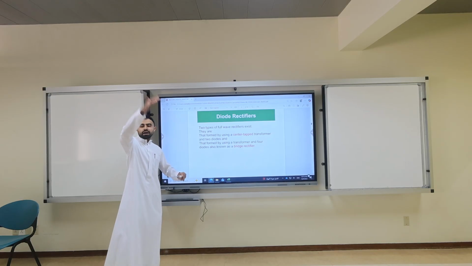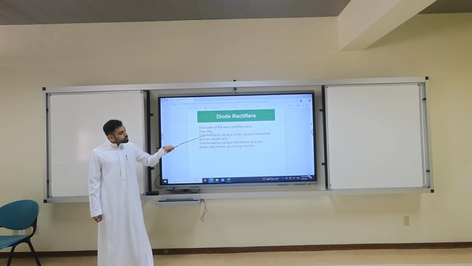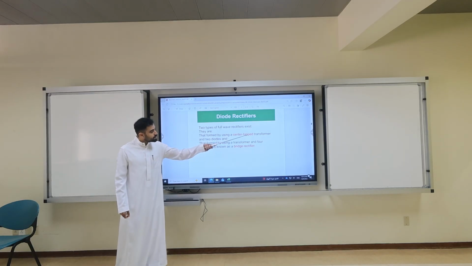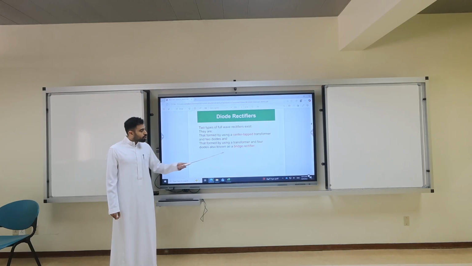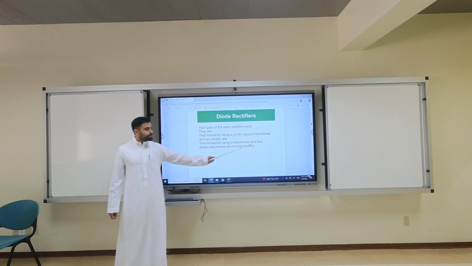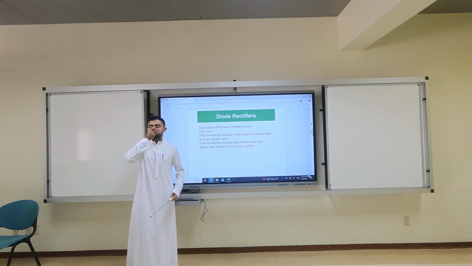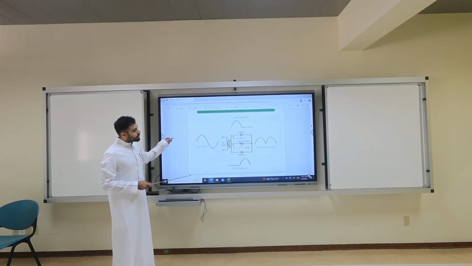Both of them will be rectified, becomes positive. There are two structures. Center tap transformer with two diodes, or bridge rectifier, which is transformer and four diodes. Two types. Okay? Let's talk about the first type.